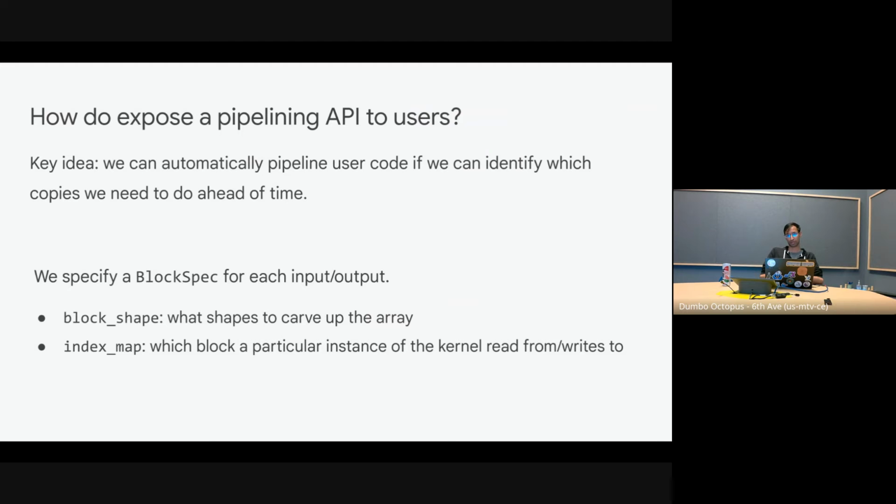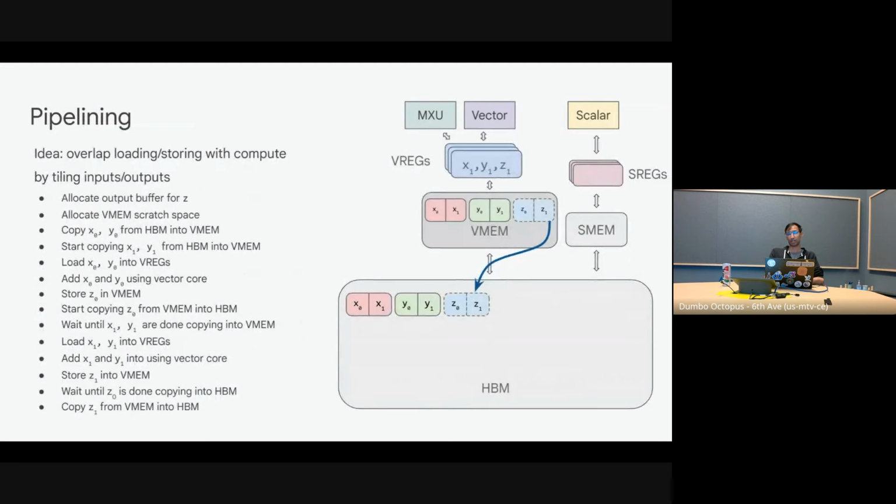There's kind of two things you need. You can see in this slide that we carved up the inputs into these logical blocks, and the outputs, of course. And then we started doing this prefetching where during the computation for the 0th chunk, we have started fetching for the next chunk.